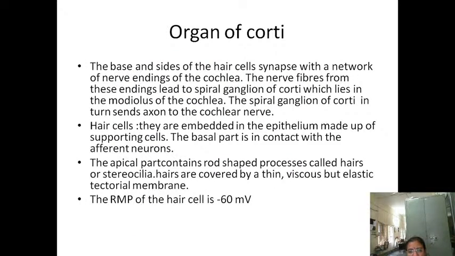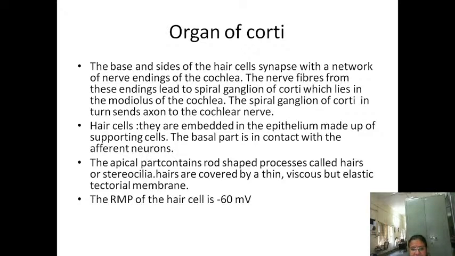The base and sides of the hair cells synapse with a network of nerve endings of the cochlea. The nerve fibers from these endings lead to spiral ganglion of Corti, which lies in the modiolus of cochlea. The spiral ganglion of Corti in turn sends axon to the cochlear nerve.